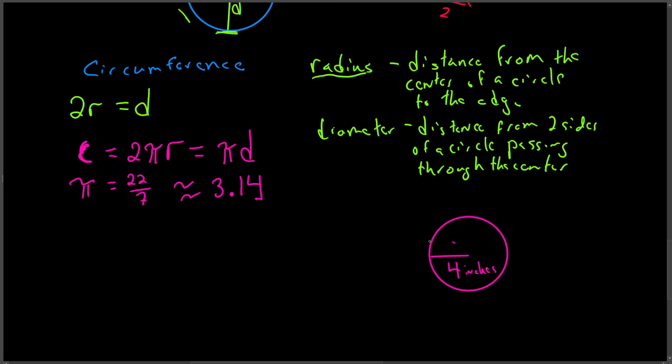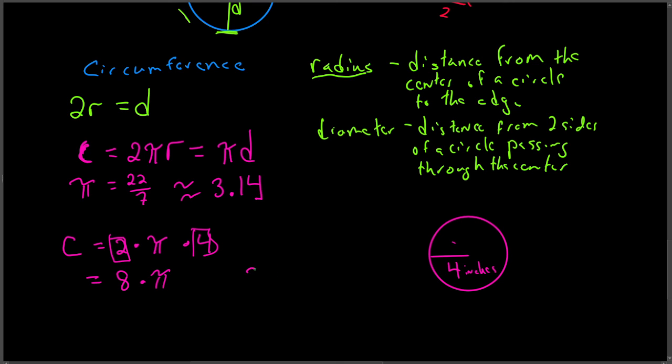If I were to take some string to go around the outside of that circle, knowing the radius is 4 inches, I would have to calculate its circumference. And so I'm going to have 2 times pi times 4. Now what I do when working with these is, if these multiplications are nice numbers, as the 2 will be, if the radius is nice, I'll multiply them first. So I'll say this is 8 times pi.